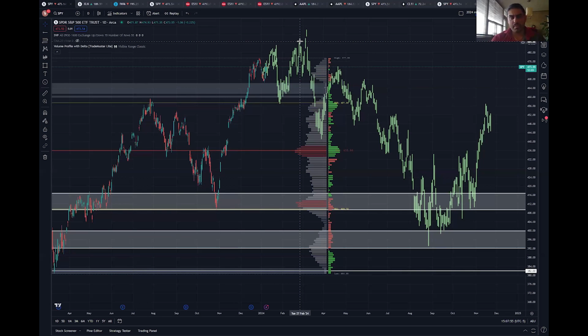I think the first major peak to the downside, which becomes a dip buying opportunity for the longer-term swings, comes somewhere towards the end of the summer season. I have general targets between 380 and 390 on the SPY as a downside move.